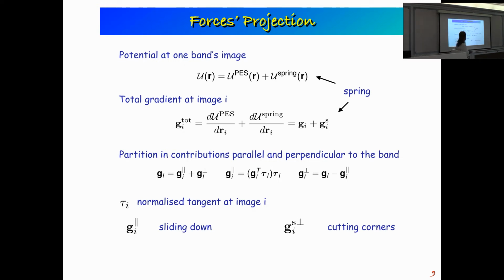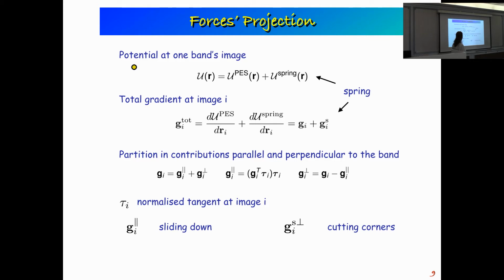is the one that introduces a projection of the forces instead of using the total gradient to calculate the forces, that is, the gradient of the potential energy surface and the gradient of the spring potential.